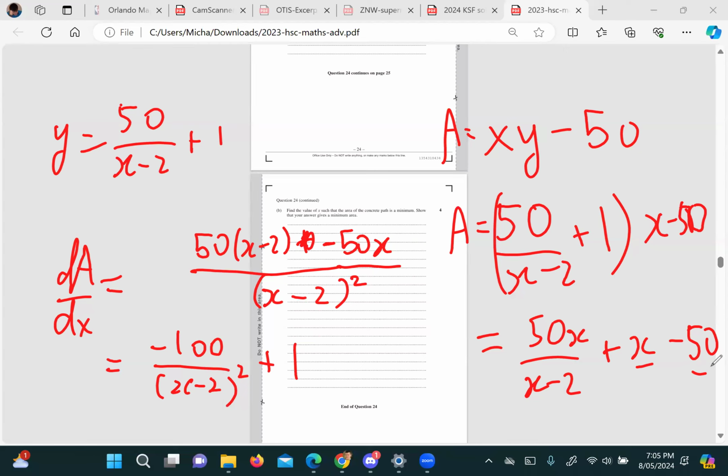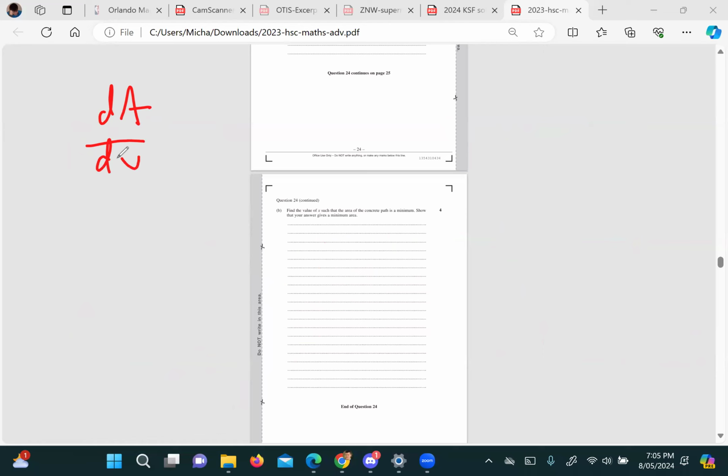And what did you do from here? So minus 100. Then to get the area as a minimum, I made sure it's a stationary point. I found the x value for the stationary point first, so I made that equal to 0.